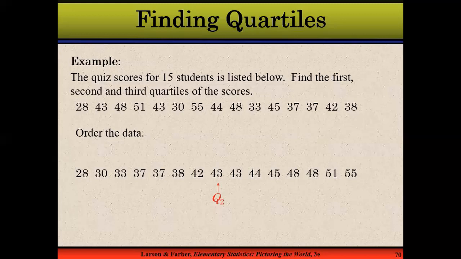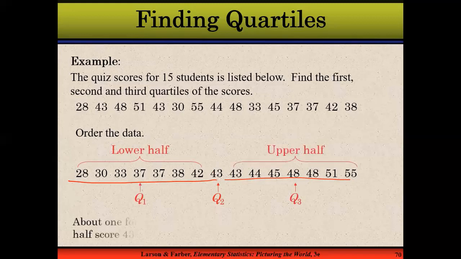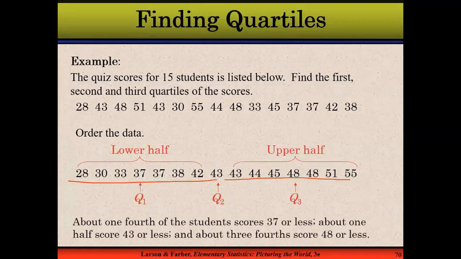So the second quartile divides the data into 2 different parts, where we have one half and here we have the second half. Now next is to find the center of these 2 halves. You can see that there is a center of the left half and a center of the upper half, or the right half. So we have Q1 as the median of the left half and Q3 as the median of the right half.